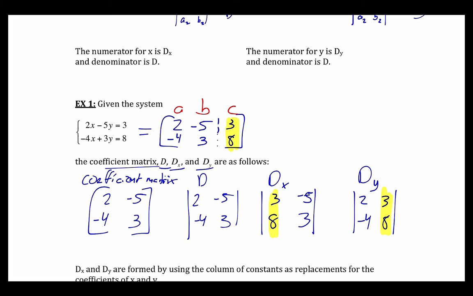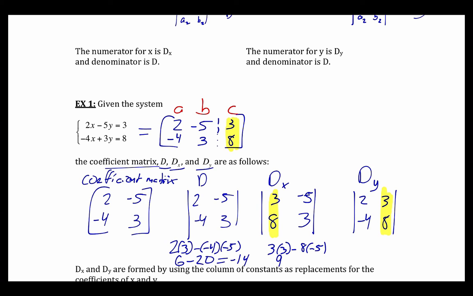Now we can also do the actual determinants for each of these. For d, we would do 2 times 3 minus negative 4 times negative 5. So we've got 6 minus 20, which gives us negative 14. For d sub x, we would do the diagonals: 3 times 3 minus 8 times negative 5.